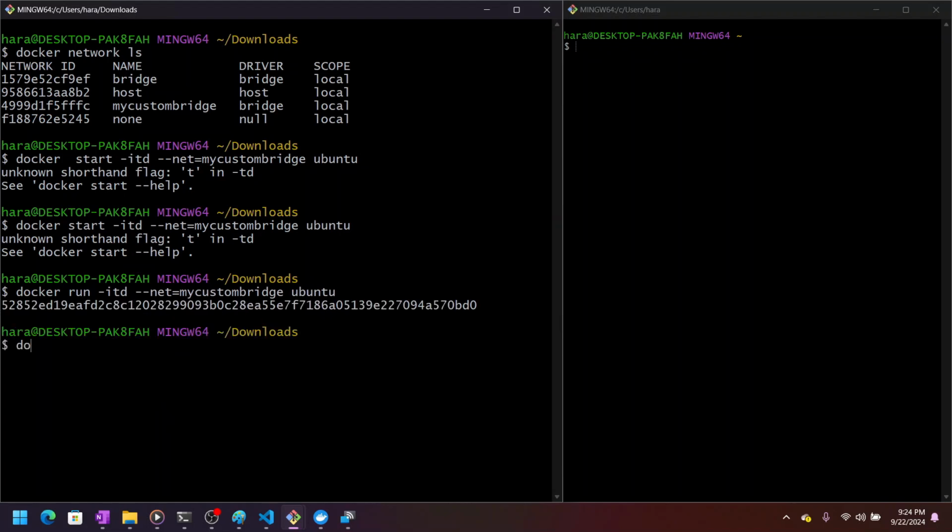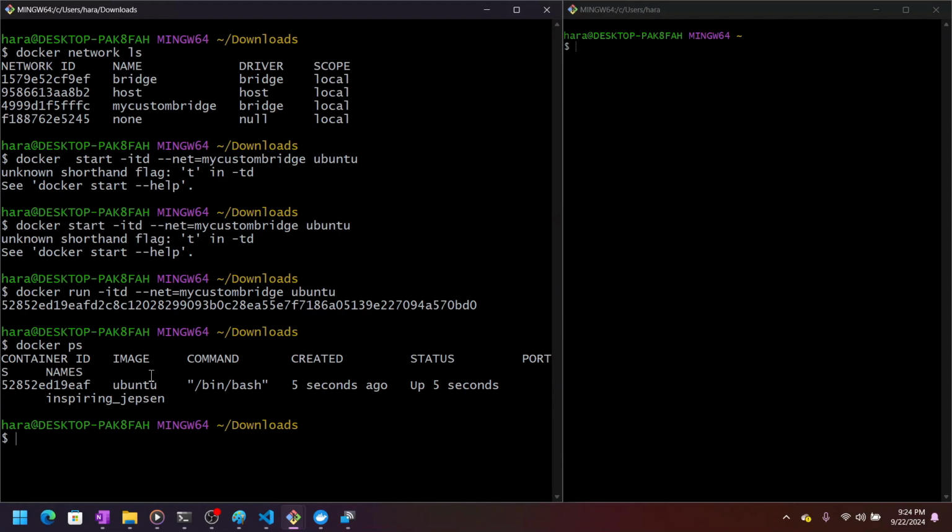You can see it has started. Let's inspect this container.